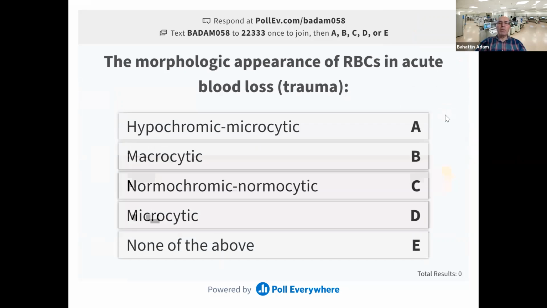One more. The morphologic appearance of the red blood cell in acute blood loss in trauma, I didn't share with you, but now I'm asking. No idea?